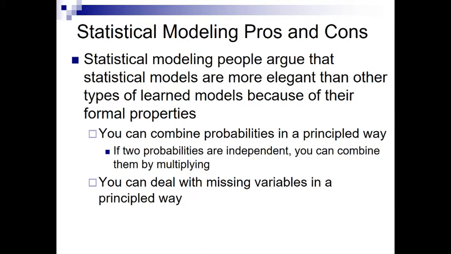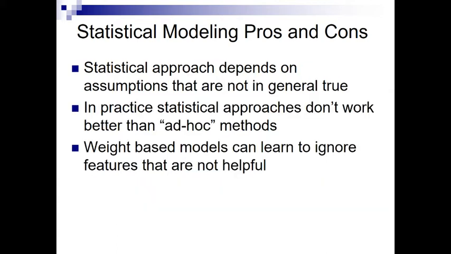We'll see later that we can just drop our paying attention to variables that are missing from a case where we want to make a prediction after the learning takes place. And you just can't do that with a weight-based model. So that's an advantage of a statistical modeling framework. We have a principled way of scaling back the set of things that we pay attention to in order to make a prediction when we need to.